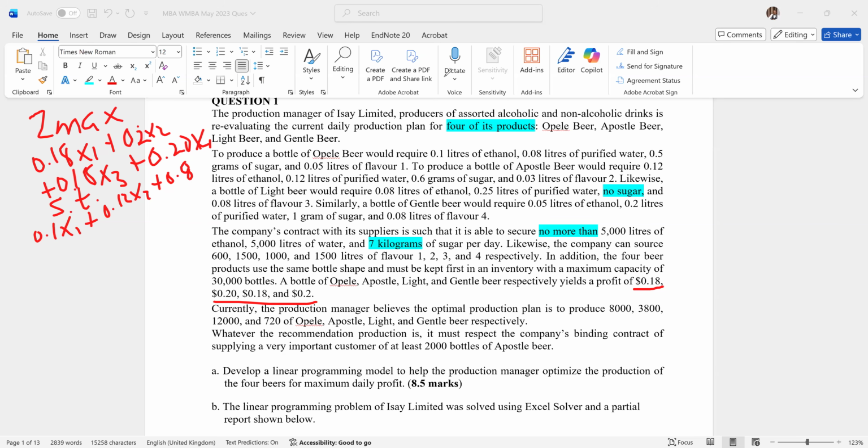All right, so you get 0.08x3, and 0.05x4, and he said it's less than or equal to 5,000 liters, yes. Okay. So this is how you formulate the second constraint. Anybody who is not clear? Okay. Let's go to the next constraint. Who can tell us the name of the constraint and how you formulate that constraint? Let's see.